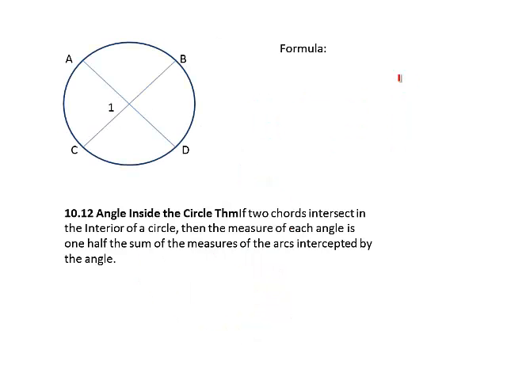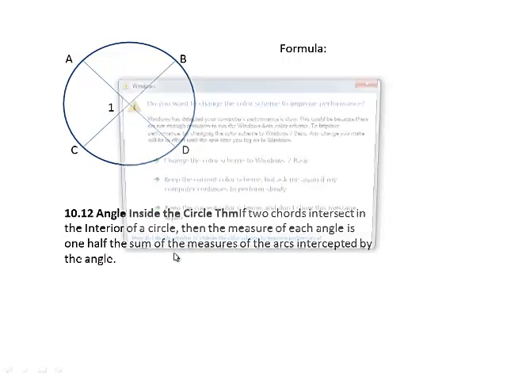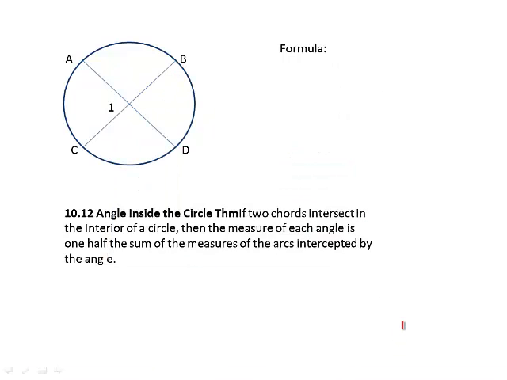Okay, so this next one, people get mixed up with the following three. So again, keeping these in order straight is important. In this case, I have an angle inside the circle theorem. If two chords intersect in the interior of a circle, then the measure of each angle is 1/2 the sum of the measures of the arcs intercepted by the angle.